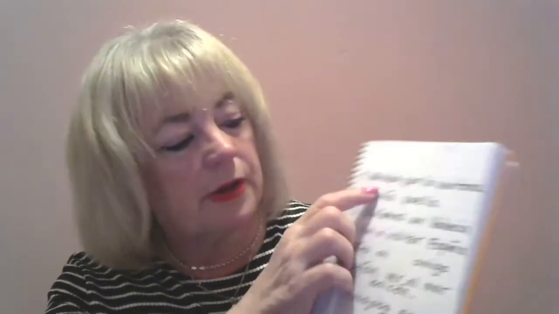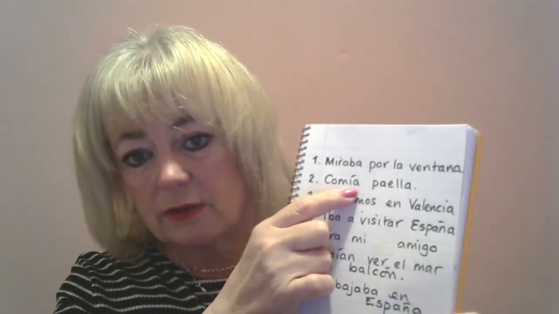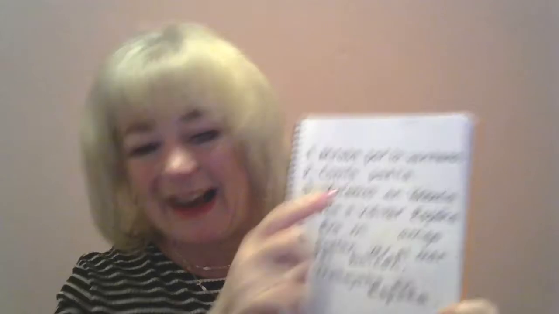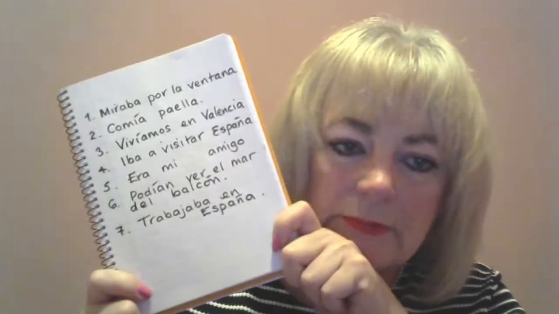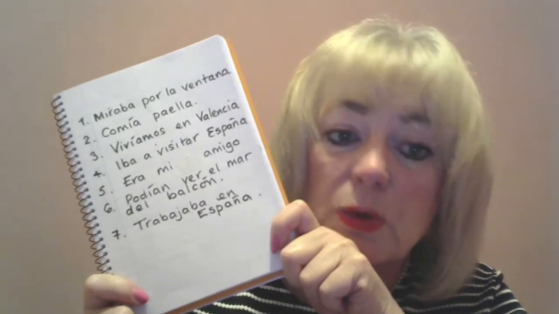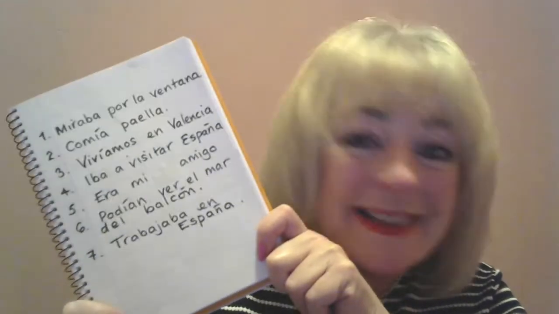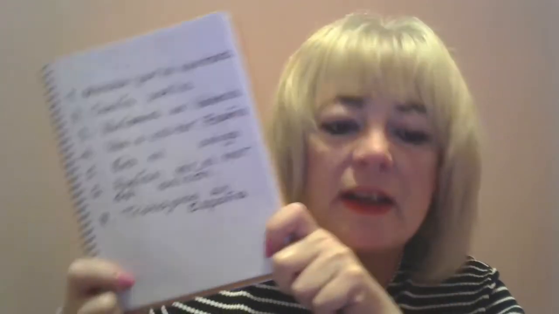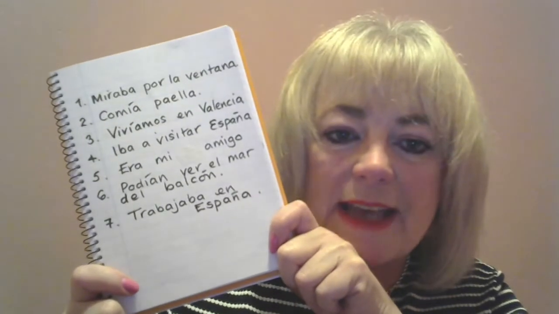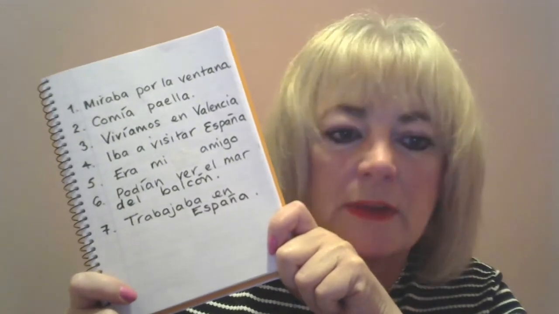So remember that the AR verbs have the aba endings and the ER and IR verbs have these ía endings. Número tres, we used to live or we lived in Valencia. When we don't know exactly when somebody lived there, vivíamos en Valencia.